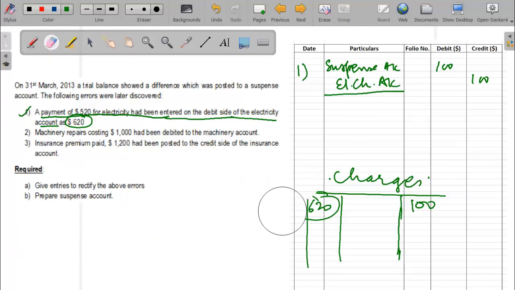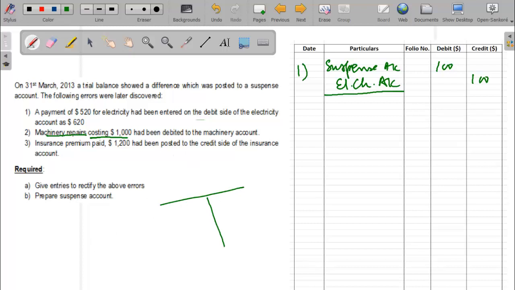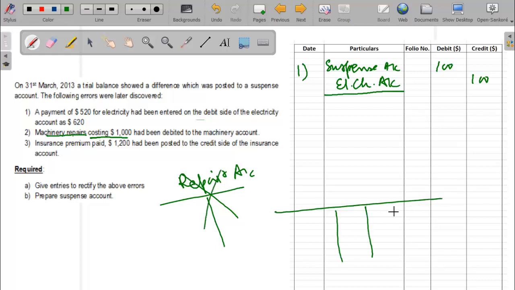What is the next error? Machinery repair costing $1,000 has been debited to the machinery account. What is the costing of repair? 1,000, isn't it? So in the ledger we have to debit repair account, but instead of debiting repair account, we debited machinery account.